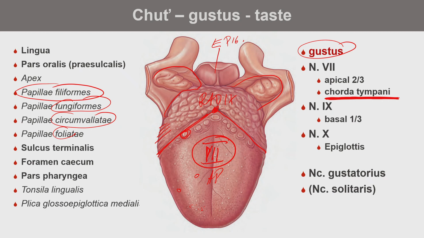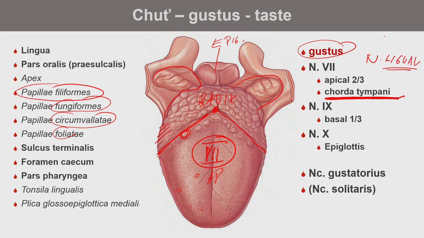But please remember that the first segment of the nervous structure through which the fibers are led is called nervus. Which nerve is the first part leading those fibers to chorda tympani? It's nervus lingualis.